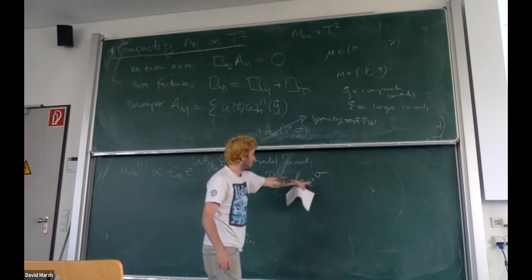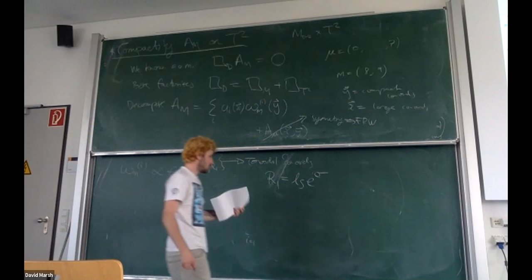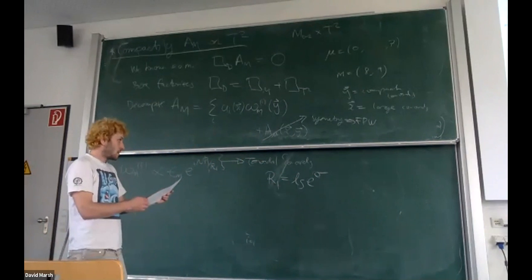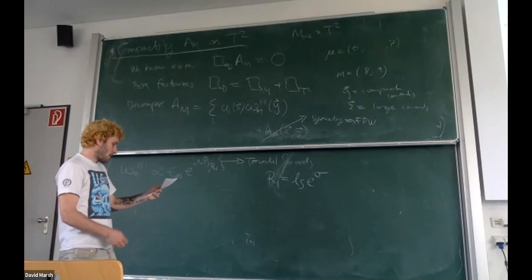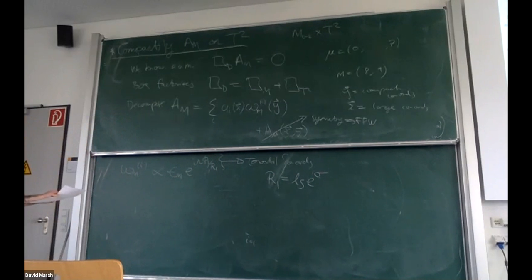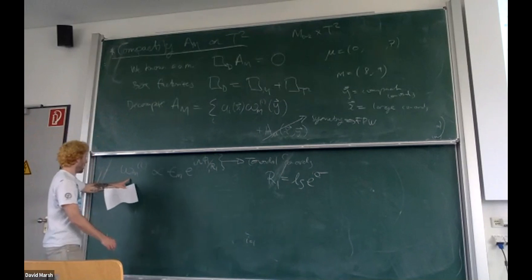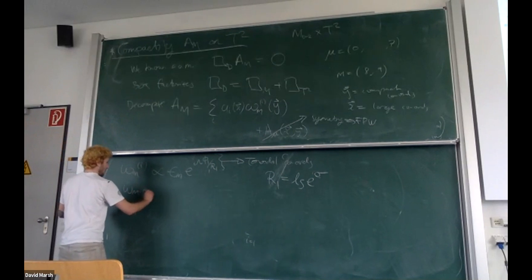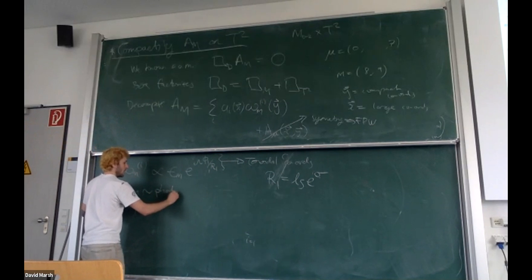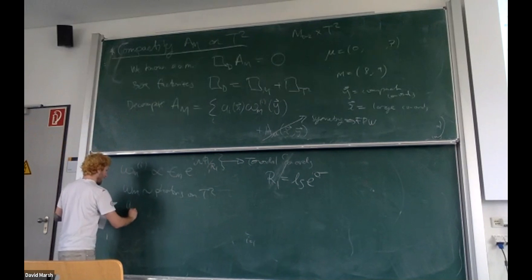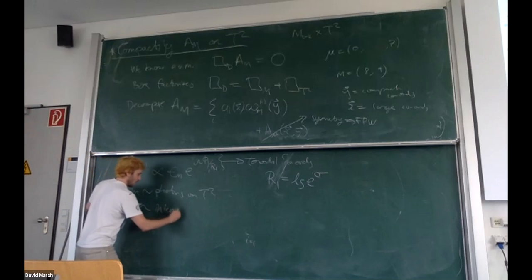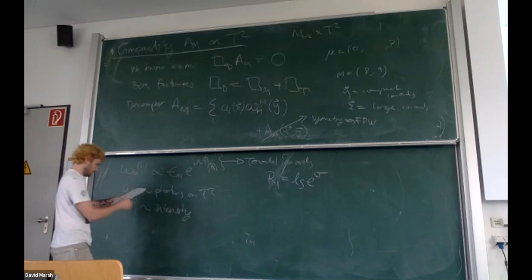So this sigma had better be larger than 1, or I suppose 0 the way I've written it here. So these omega_m are like photons on T2, and A are the intensity thereon.